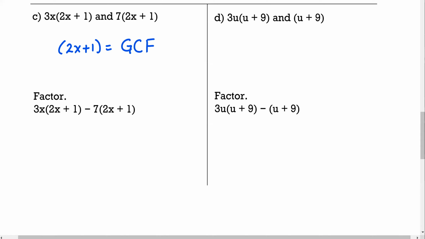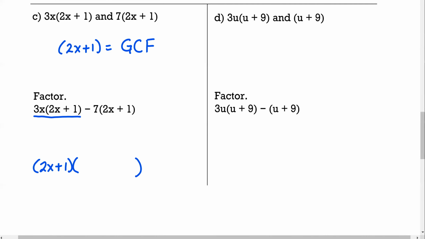All right, so if we're given the expression, which is similar to what we had in the beginning, 3x times the quantity 2x plus 1 minus 7 times the quantity 2x plus 1, I can see the GCF is 2x plus 1. So I'm going to factor that out. That's my first factor.